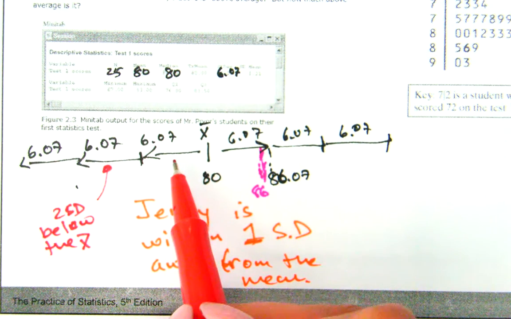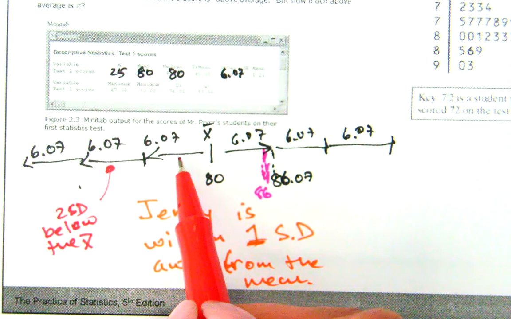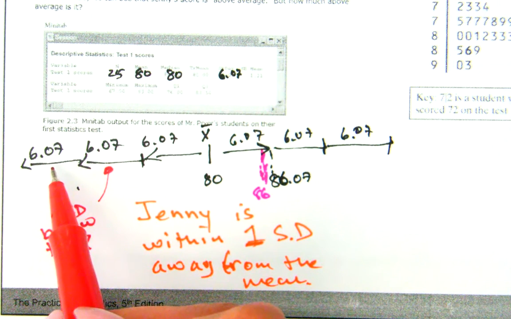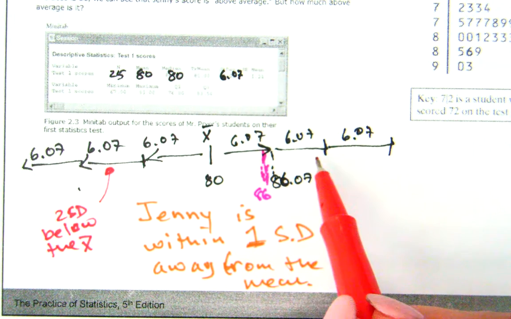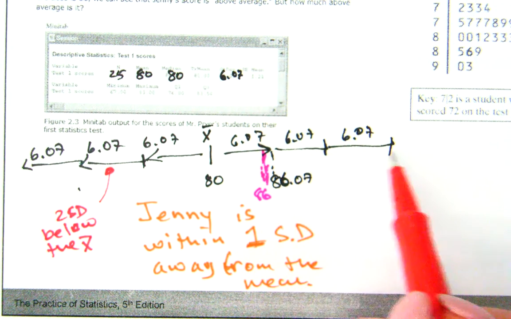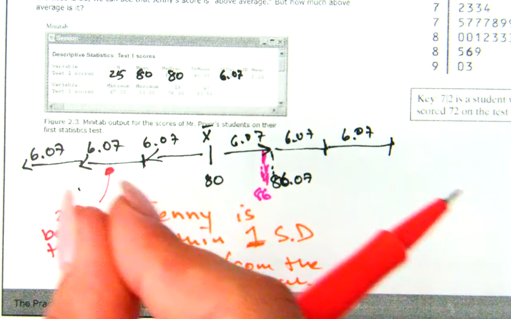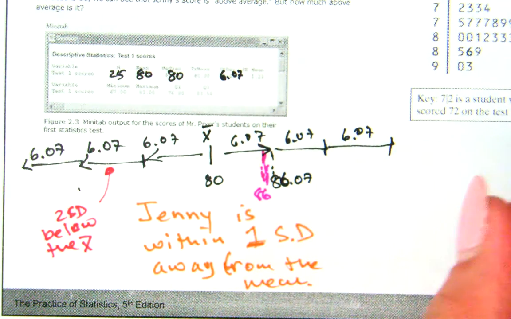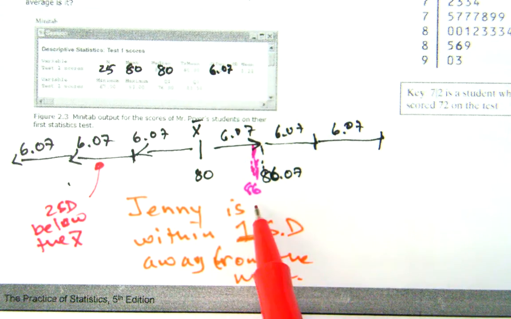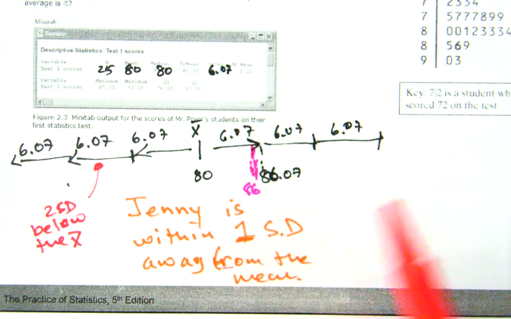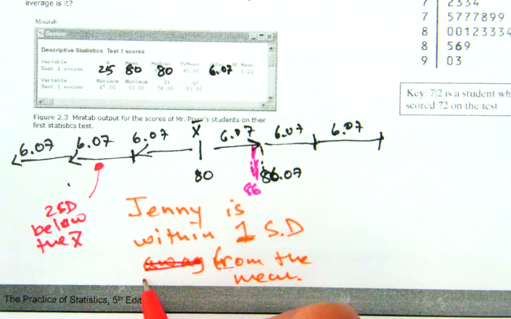If you were right where my pen is, you'd be within 1 standard deviation below the mean, then 2 standard deviations below, 3 standard deviations below, and so on. Every 6.07, think of that like your interval on a histogram, you're going 1 more standard deviation up. But Jenny, who's at 86, is within 1 standard deviation away from the mean, so I should really say above the mean.